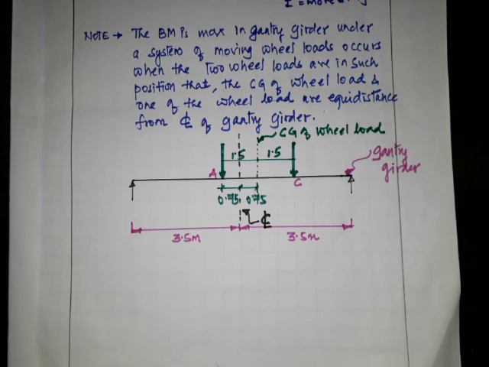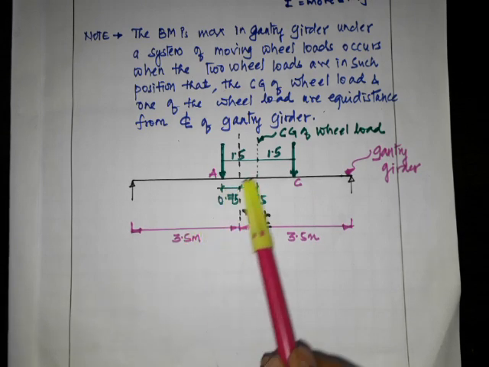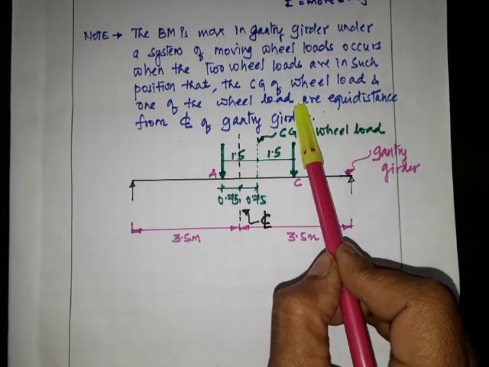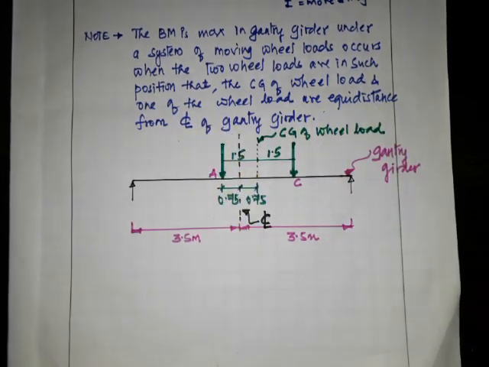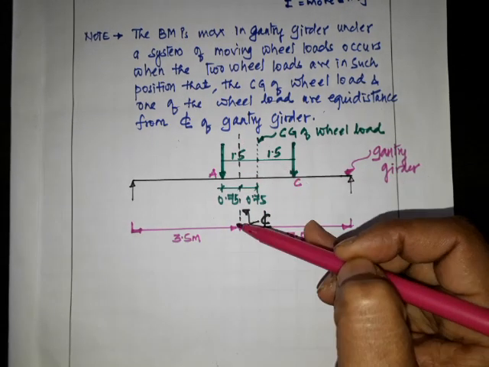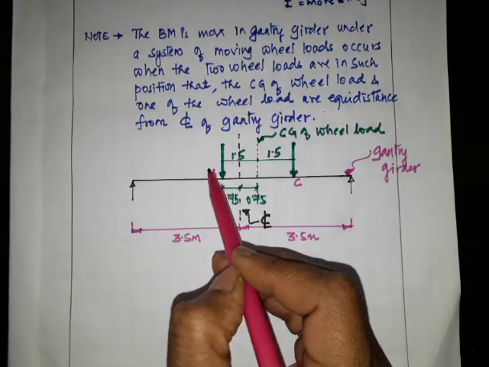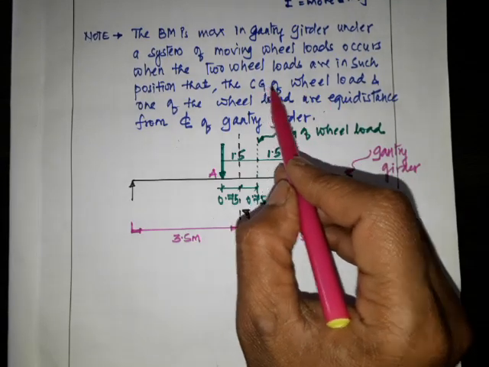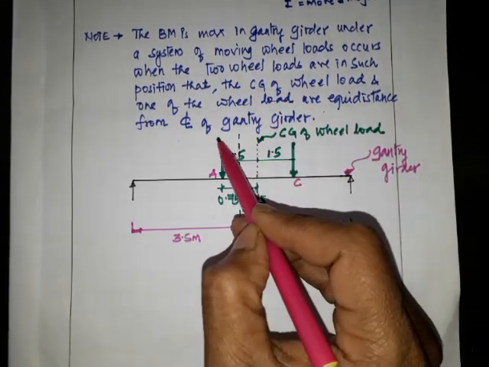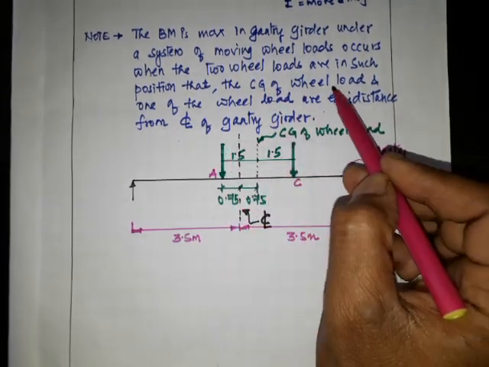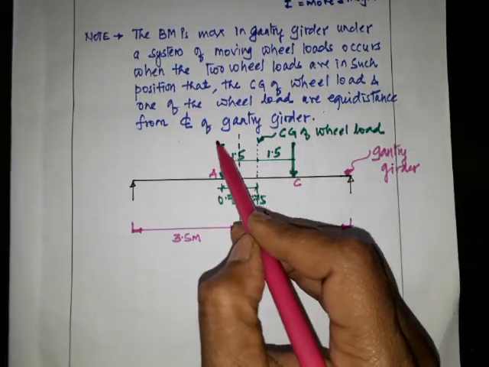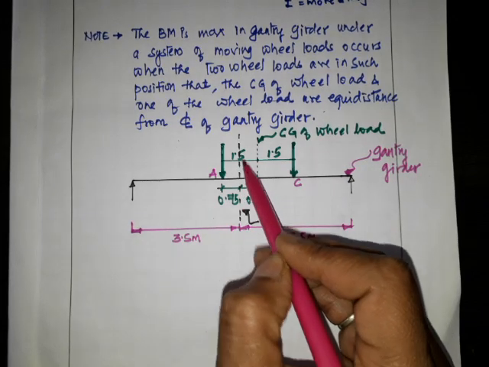So what is given here? When the CG of wheel load and one of the wheel loads are equidistant from the center line of the gantry girder. So what can you see here? This is the center line of the gantry girder. This is the CG of the wheel load and one of the wheel loads, equidistant from the center line.